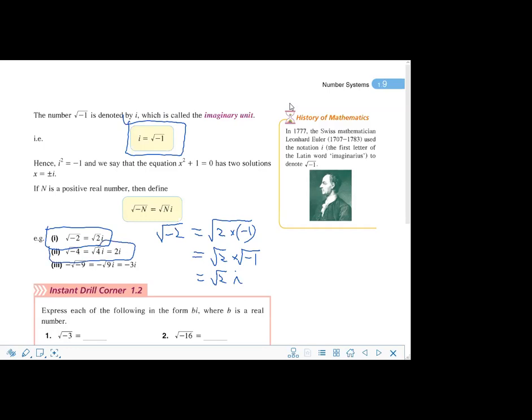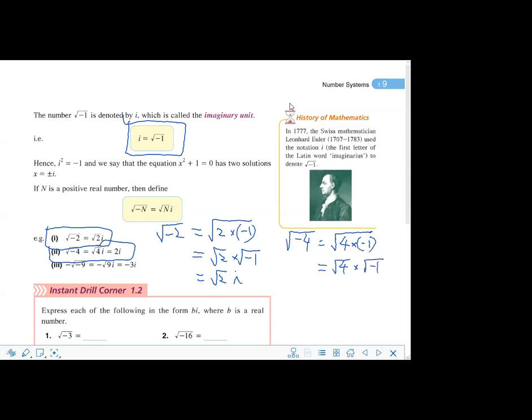The second example, square root of -4. Again, this is a negative number inside a square root. So we need to split the negative number into the product of a positive number times -1. And then we split the square root into 2 parts: square root 4 times square root of -1.